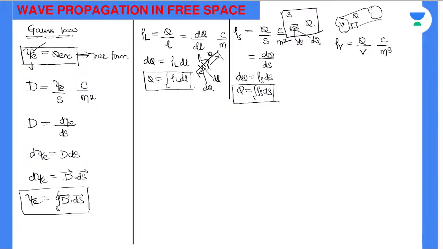If we consider a small volume dV, the charge associated with it is dq. It is dq by dV. dq is rho v dV. Q is volume integral of rho v dV. Clear?